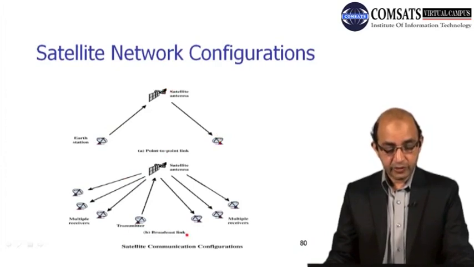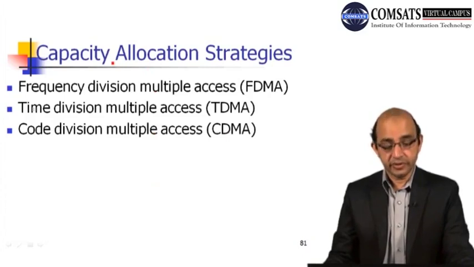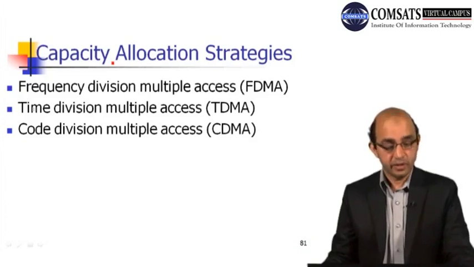Then broadcast, point to many points, and here we have shown capacity allocation strategies. How can we enhance the bandwidth or the capacity of the satellite? We can use different techniques, for example FDMA, frequency division multiple access, TDMA, time division multiple access, and then CDMA.